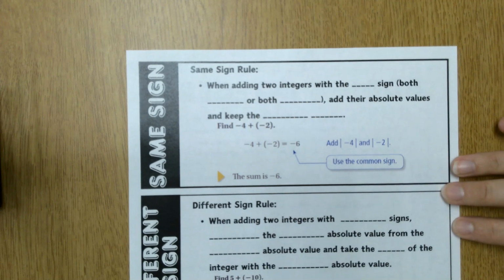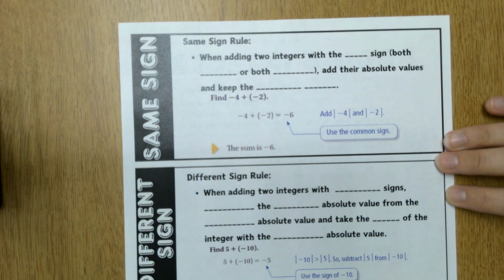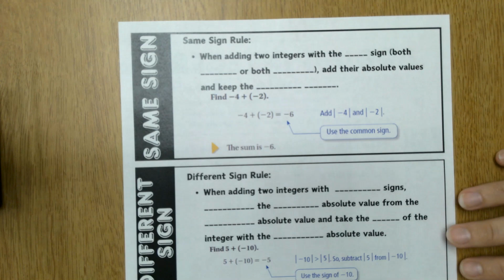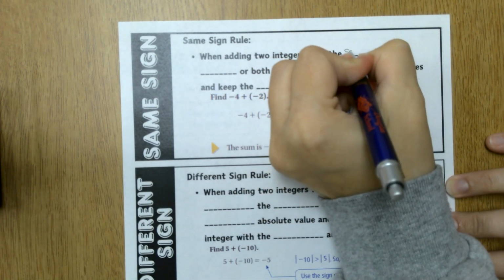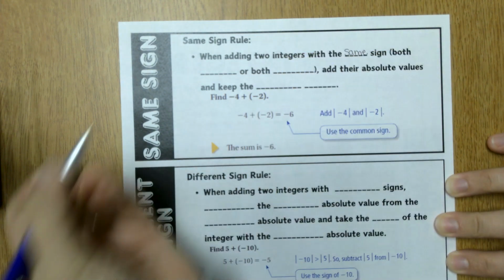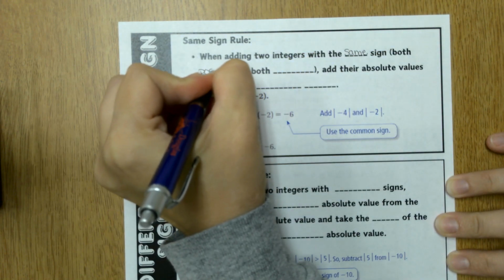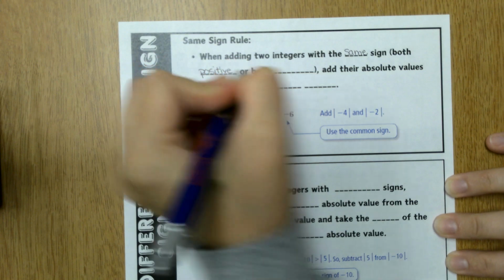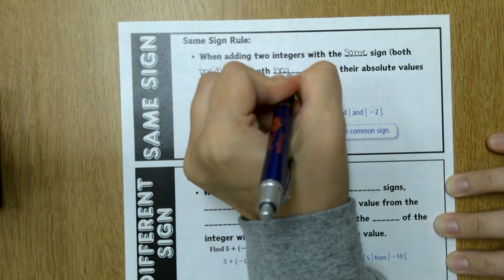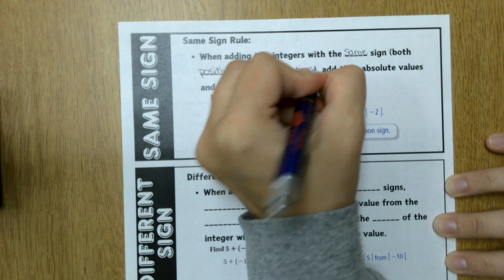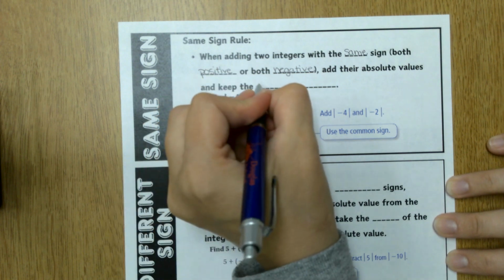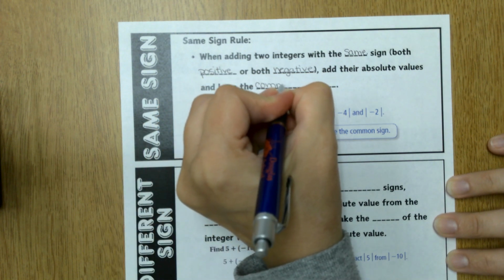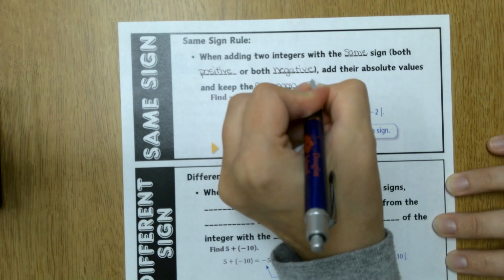So the first rule we're going to talk about is the same sign rule. So when you're adding integers with the same sign, so both are positive or both are negative, you're going to add their absolute values, and then you're going to keep the common sign. Okay, so whatever that common sign is that they share.